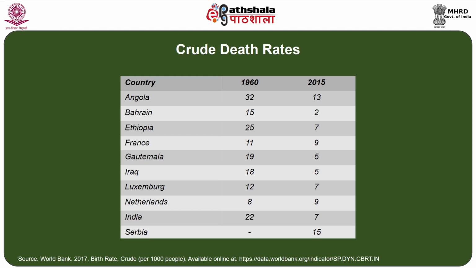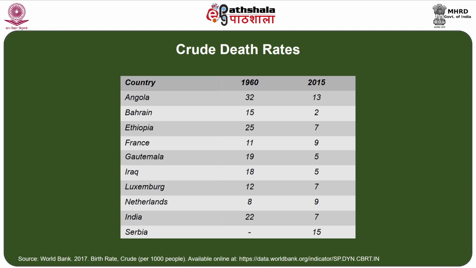For a country like India, which had a crude death rate of 22, it has come down to 7, and for Luxembourg from a crude death rate of 12 to only 7 over the same period. In the Netherlands, the crude death rate has had a slight increase between 1960 and 2015, that is from 8 to 9.